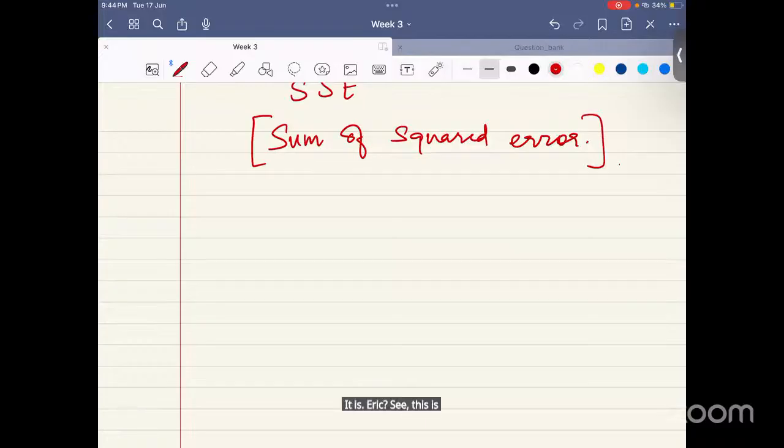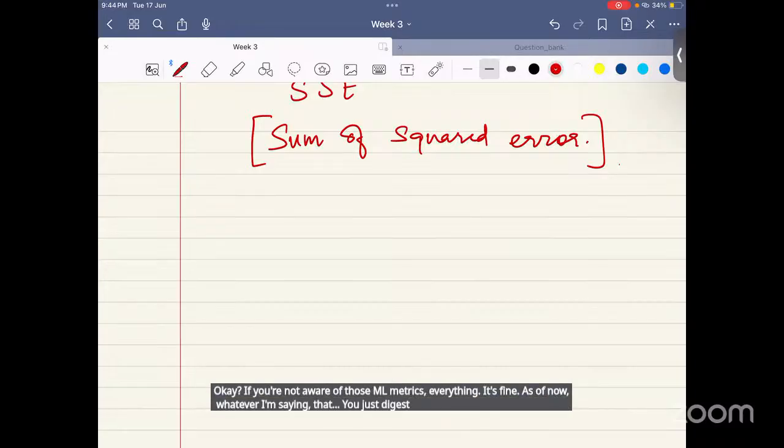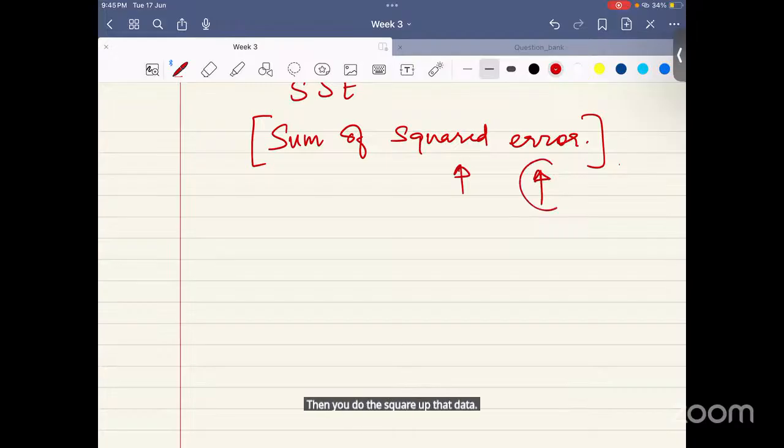This is one of the metrics that we use in ML. If you are not aware of those ML metrics, it's fine. As of now, whatever I'm saying, just digest that. You are calculating some form of error, then you do the square of that error. And what is that error?